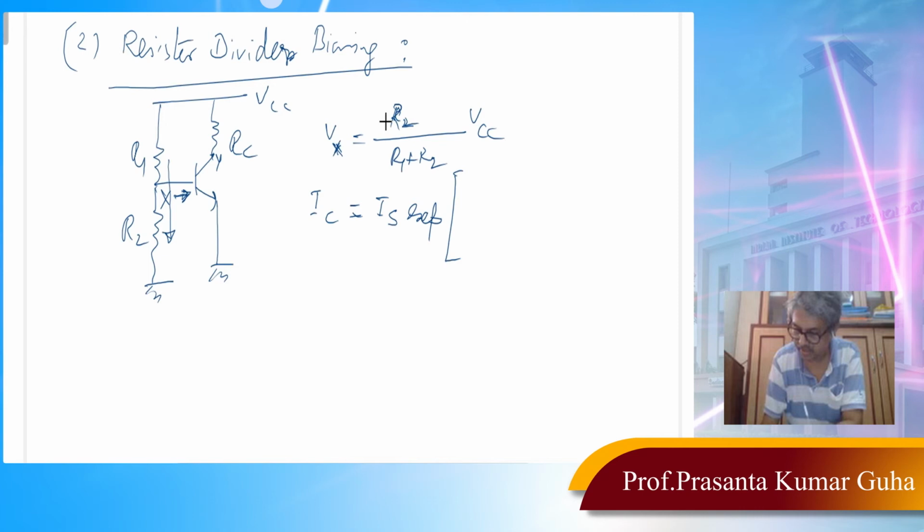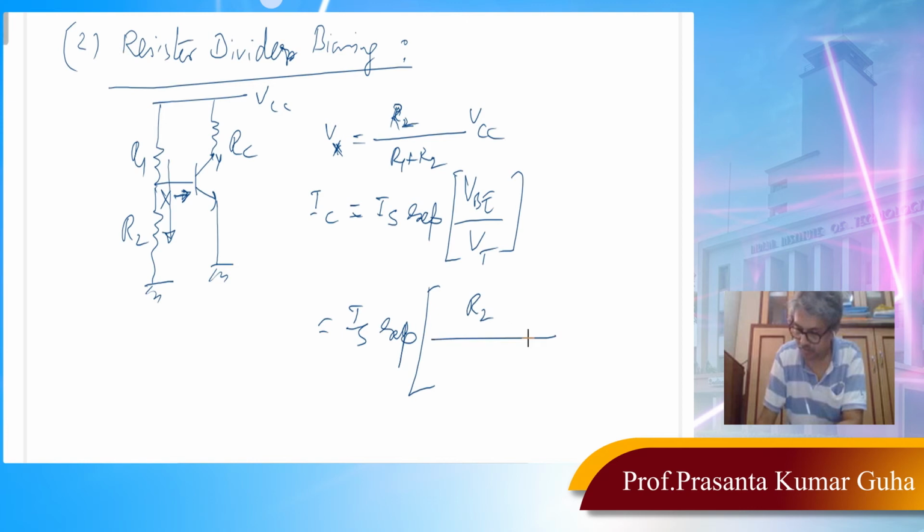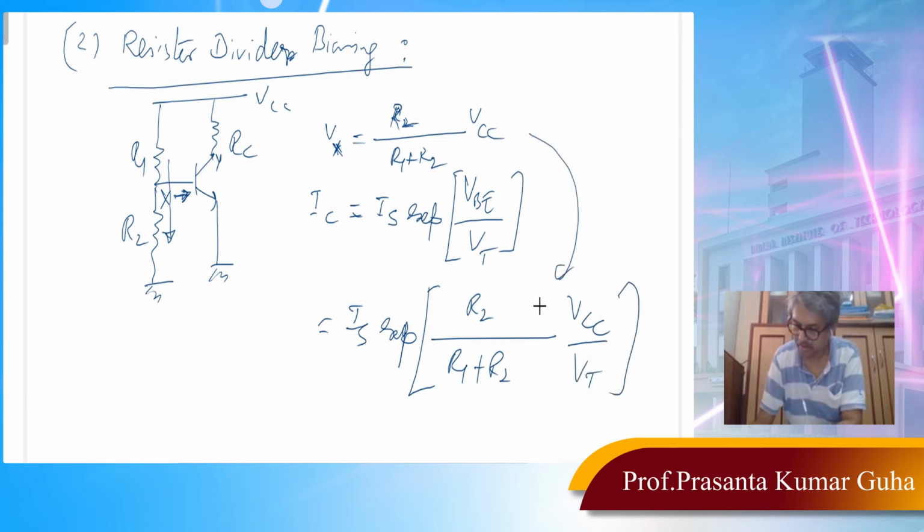IC is IS exponential VB over VT, that we already know. So we can write IS exponential of R2 over R1 plus R2 times VCC over VT, because that is your Vx or VBE.